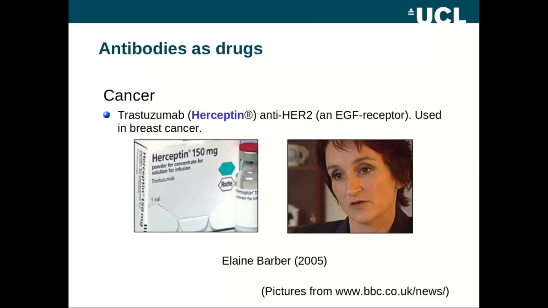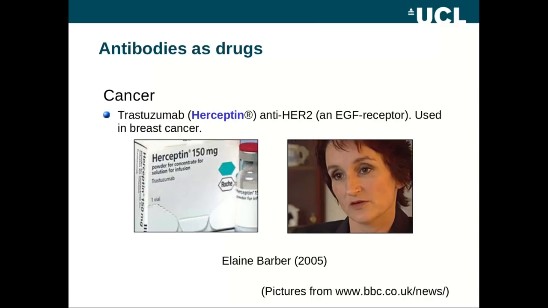Now, patients who have this HER2 being overexpressed tend to have a worse clinical outcome and worse prognosis than people who don't have HER2 positive breast cancers. But with trastuzumab, then the prognosis is at least as good as in patients who don't have HER2 positive breast cancers.